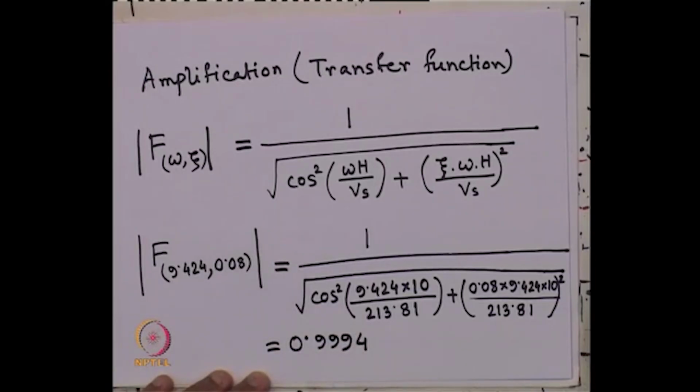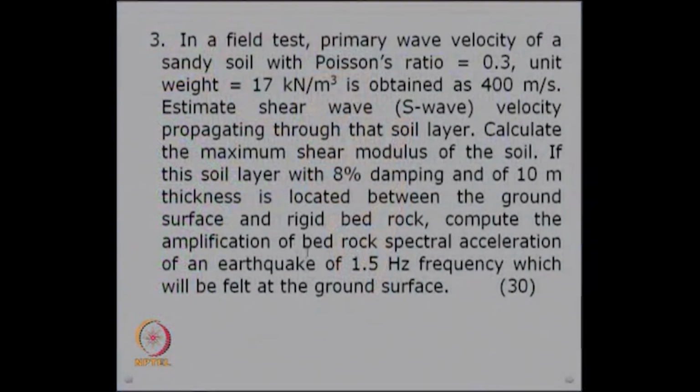Okay. What does it mean? This is the answer, you got the answer, fine, but what is the practical use of it? Let me discuss now the practicality of this value. Let us look at it. It says to compute the amplification of this bedrock spectral acceleration of an earthquake, which is coming with frequency of 1.5 hertz, what will be felt at the ground surface.